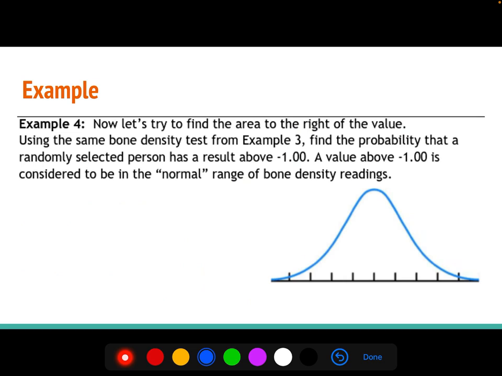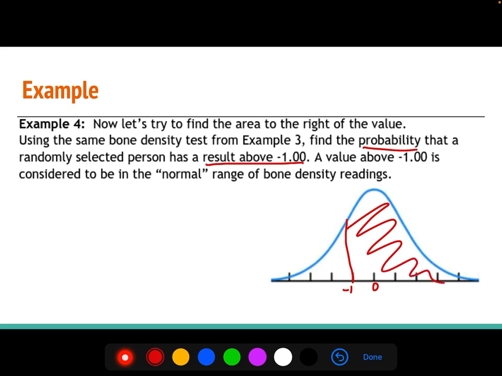All right, let's try another. So we need to find the area to the right of a value. Using the same bone density test from example 3, we're going to find the probability that a randomly selected person has a result above -1. And above -1 is considered to be normal, by the way. So remember, 0 is going to be in the middle, so -1 is going to be over here.